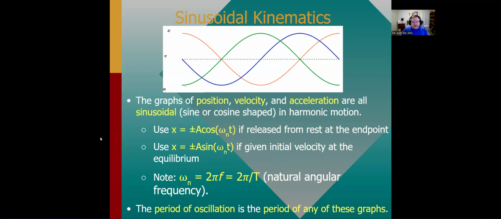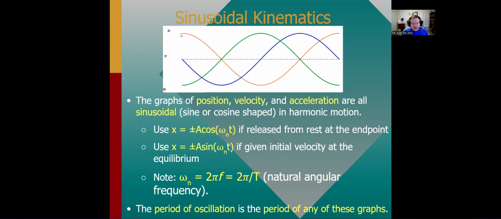Whenever something's in harmonic motion, the graphs of position, velocity, and acceleration as a function of time are all going to be sinusoidal. They're all sine or cosine shaped as a function of time. We know cosine starts at 1 with an initial slope of 0.